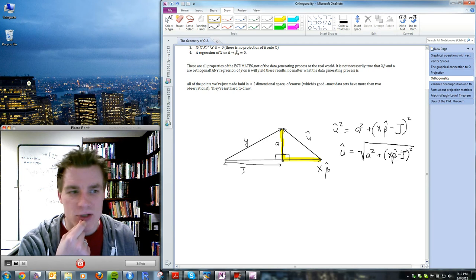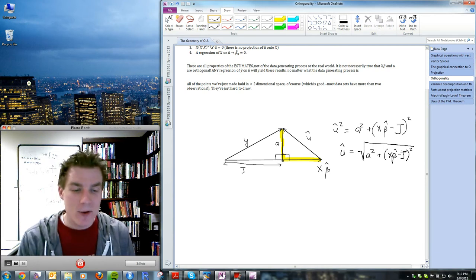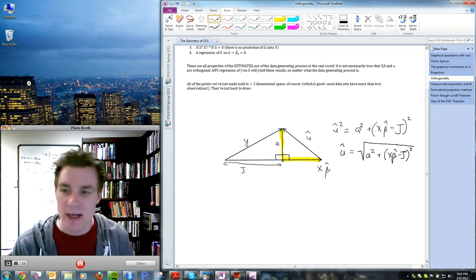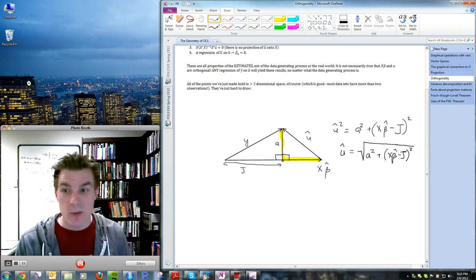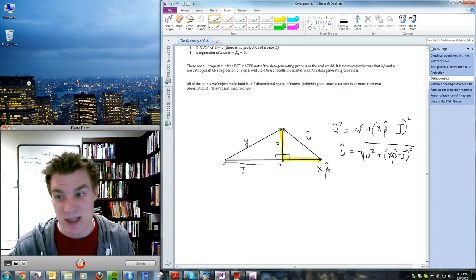Well, I think just trivially, without doing any calculus, it's going to have to be x beta hat equals j. How do we know that? Well, this is squared, so negative values are not going to help us. They're not going to shorten this vector. So basically what we want is to get this down to as small a number as we can, which is going to be 0. That's going to be true whenever j is exactly equal to x beta hat.